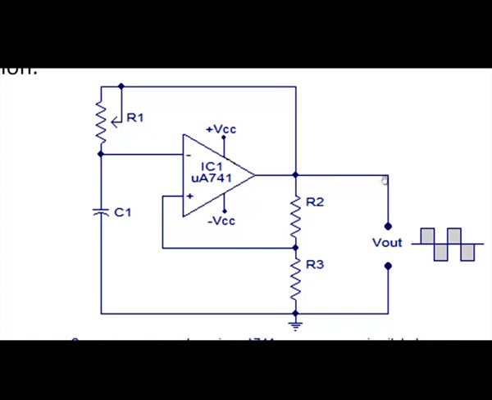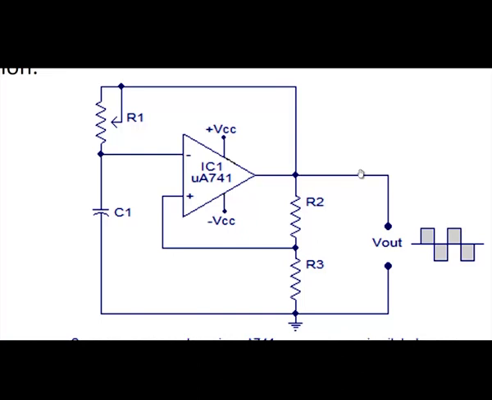Now, say the output of the op amp is plus V saturation. Then the voltage at the positive terminal, through this potential divider, is fed back as beta V saturation, where beta is the feedback factor, equal to R3 divided by the total resistance R2 plus R3.